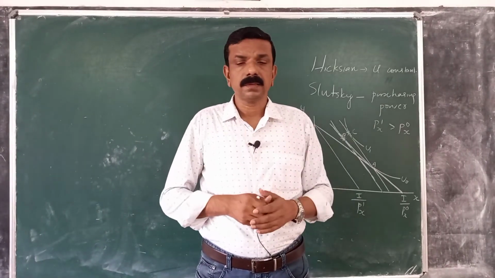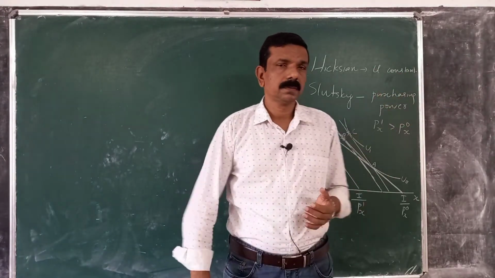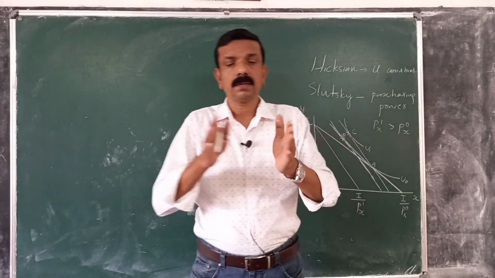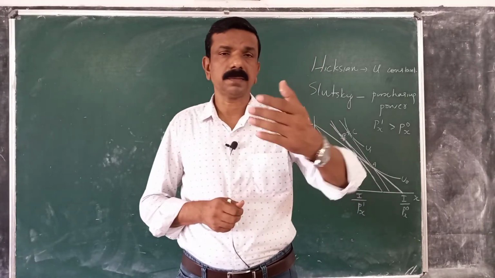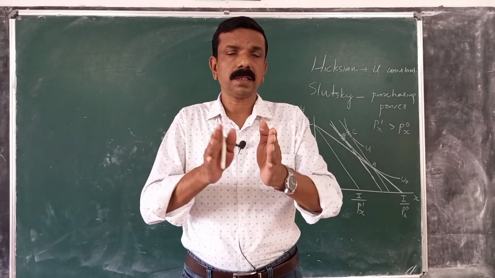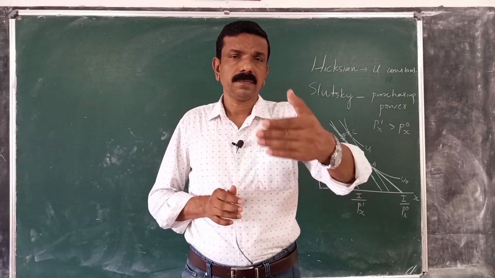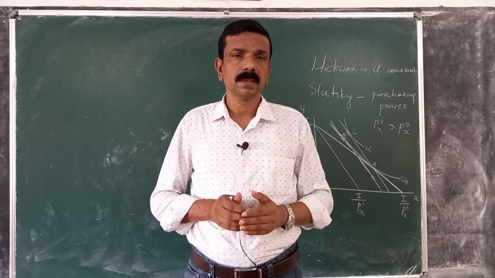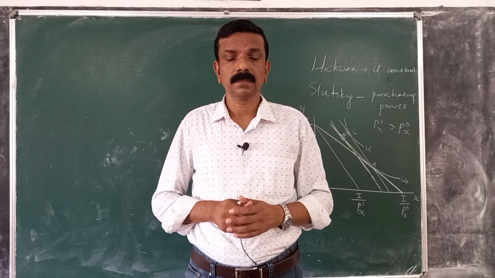Now, given that, we have to consider the compensation and the decomposition of price effect into income effect and substitution effect, and the extent by which a consumer will substitute X for Y for a price decrease of X, and Y for X for an increase in price.